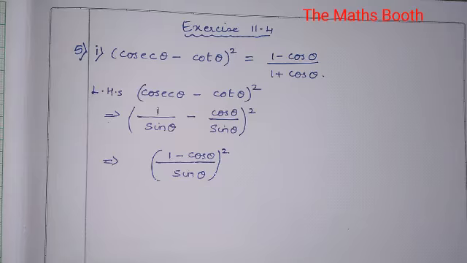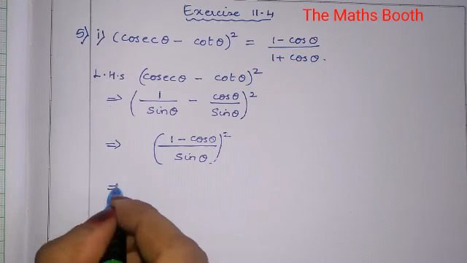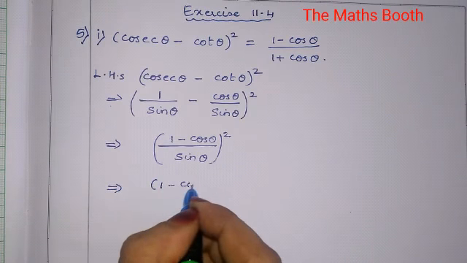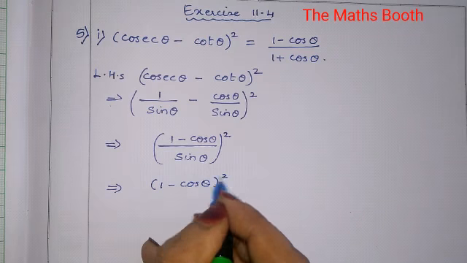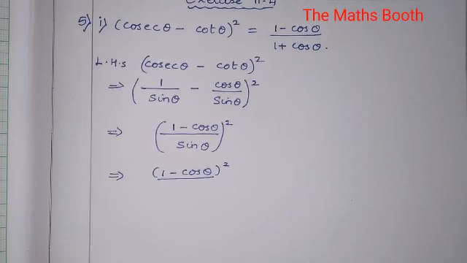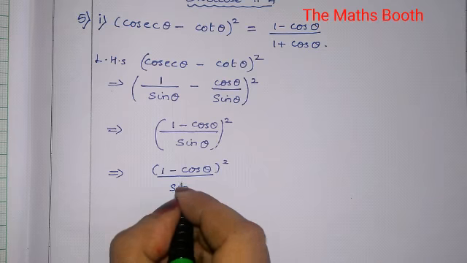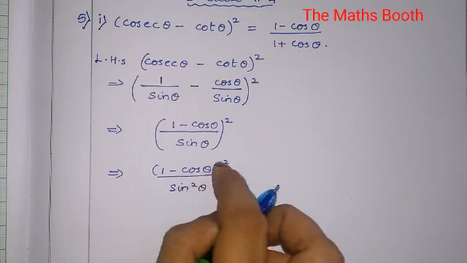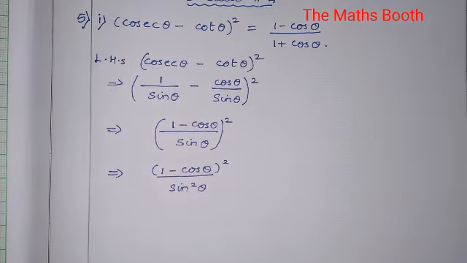Now let us separate this square. What we will get? (1 minus cos theta) square upon sin square theta, like numerator and denominator, I have opened the bracket.